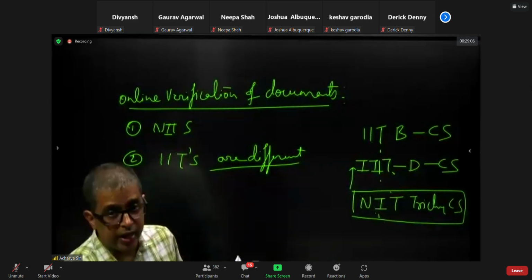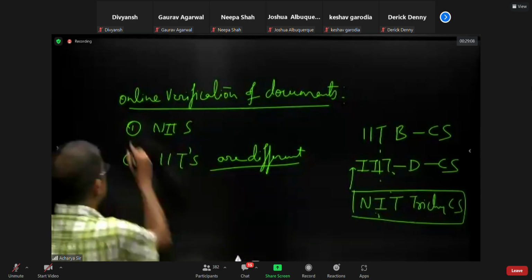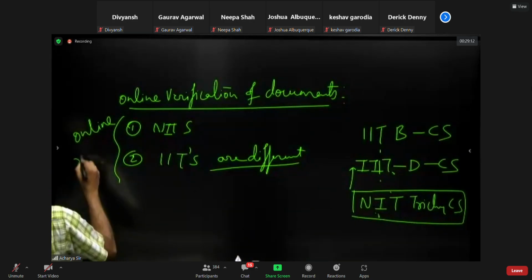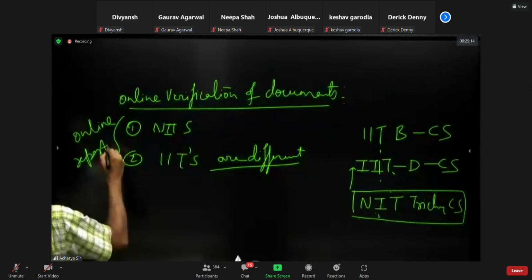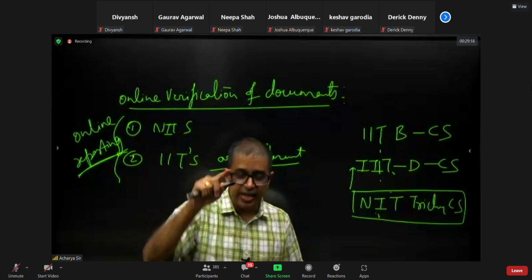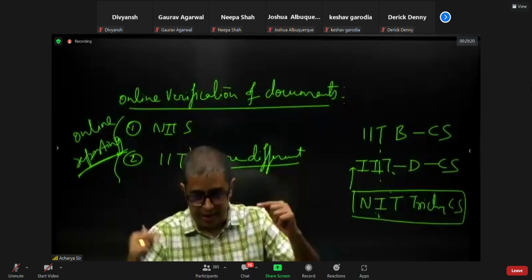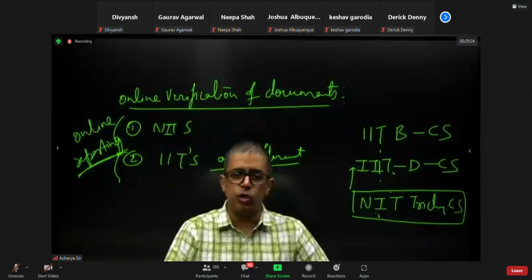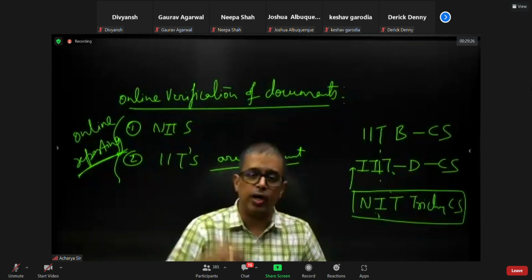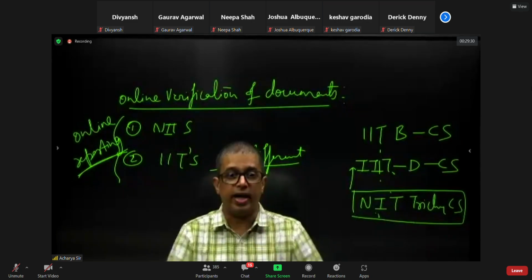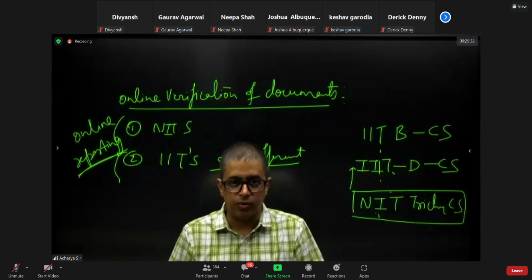Online reporting, I again repeat, this is called online reporting. Online reporting for NITs, IITs are different. In the process that you are going up, if once you got an NIT, then you are getting an IIT, online you will have to report again to IIT with the respective documents.